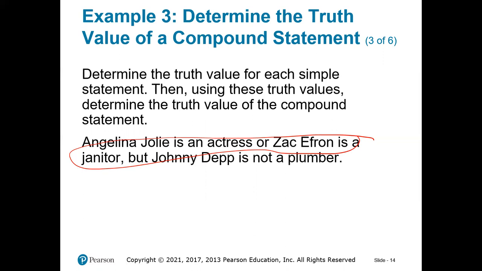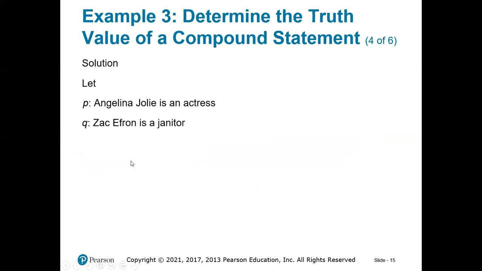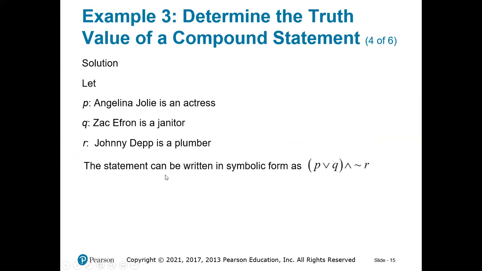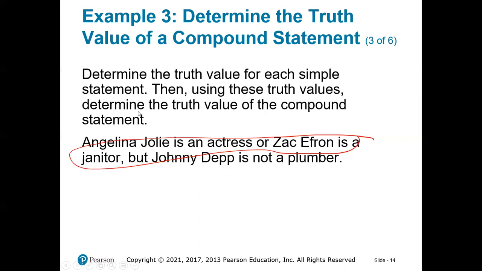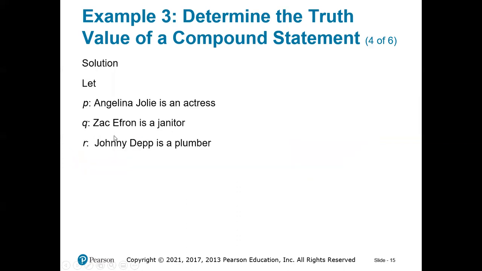So before we do anything, let us symbolically represent this. So I'm going to say you have three statements. P, Angelina Jolie is an actress, which is true. Q, Zac Efron is a janitor, and R, Johnny Depp is a plumber. So let P, Q, and R. And then this statement here, the one I circled, is symbolically represented by, they say what?